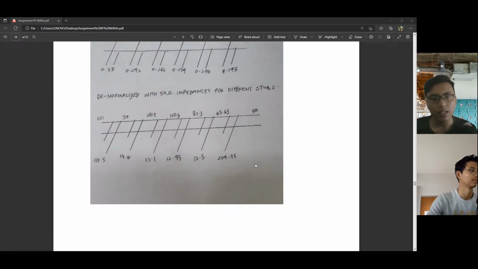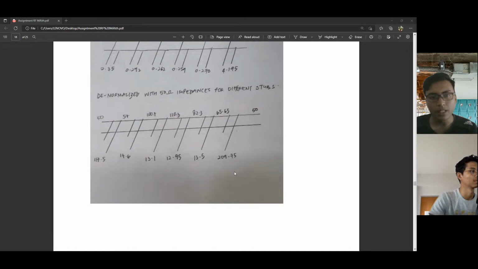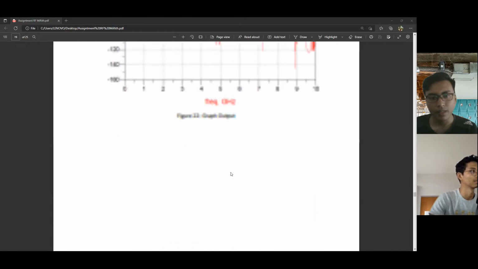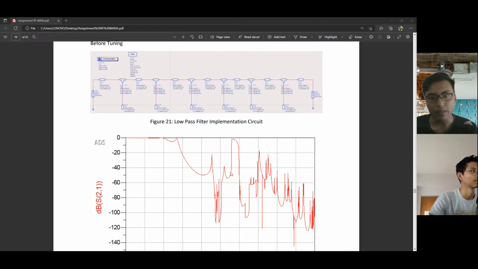So as we can see, 50, 57, hundreds until 50 is the top, and the bottom 117 until 209 in the bottom. So we follow the design. So that's the circuit that we get.